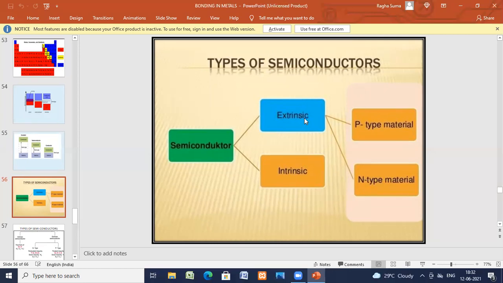Usually impurities can be either from the third group or from the fifth group elements. So based on the impurity present in the extrinsic semiconductor, they are classified into n-type and p-type. So if impurities are present, then that is extrinsic.